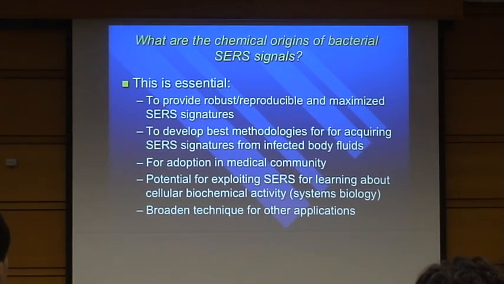I think it's really crucial to get beyond just the phenomenology and really understand what the molecular components are that are contributing to these signatures. It's important for lots of reasons.